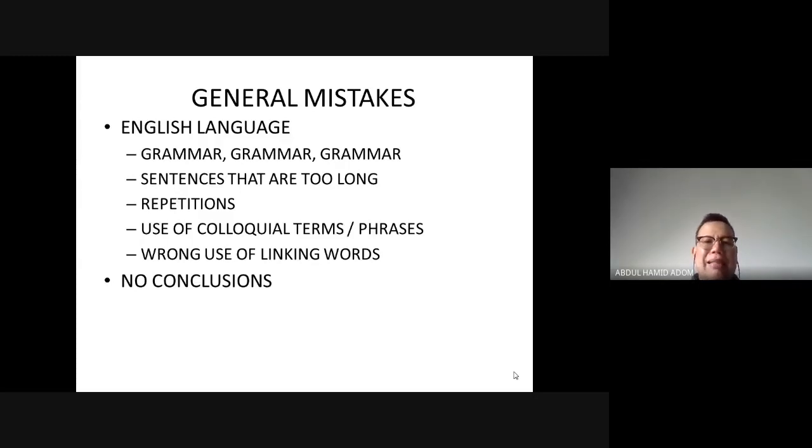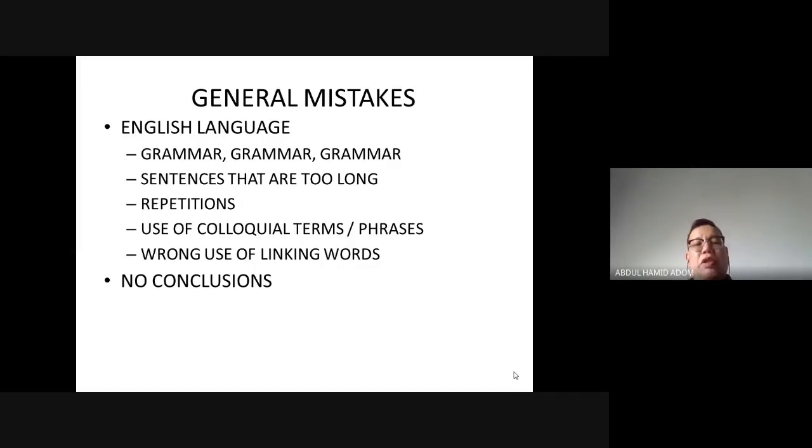Another problem with sentences that are too long is that by the time the reader reaches the end of the sentence, they would have forgotten what the first part of the sentence was about. That is why if you have so many things to write, break it up into several sentences. And if it is referring to different topics or subject matter, then break it up into different paragraphs altogether.